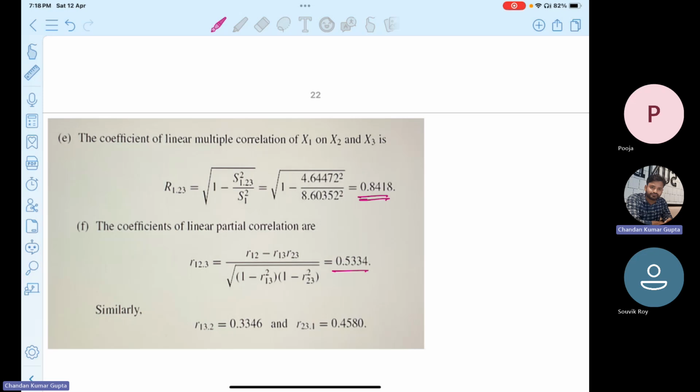The correlation coefficient between x1 and x2, keeping x3 constant, is 53%, and between x1 and x3, keeping x2 constant, is 48%.